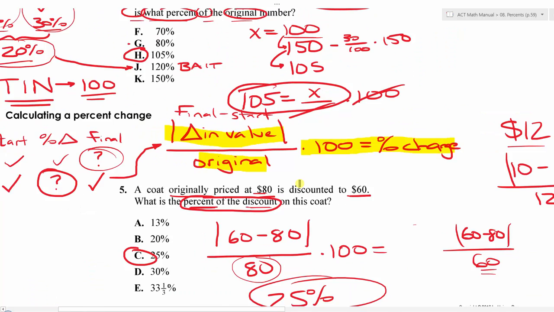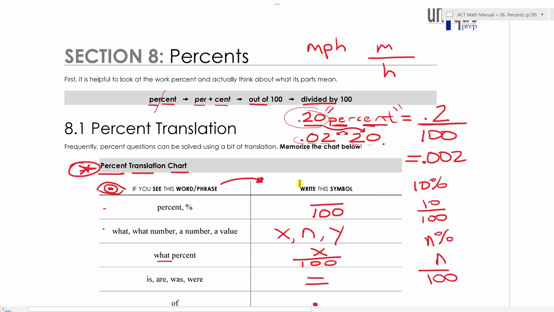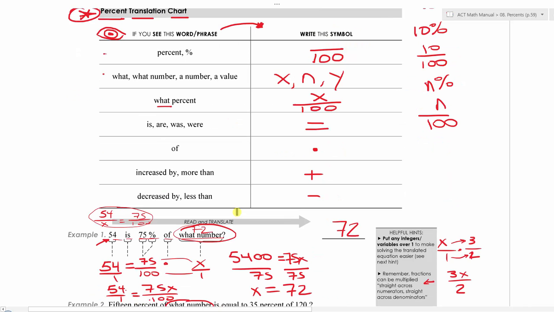Anyway, that is it for percents. I understand that some of this stuff might not meld well with the way that you learned percents in school. I understand that this might seem like a brand new method of attacking percents, but I am telling you that for the purposes of this particular test, this percent translation method will likely save you on certain questions.